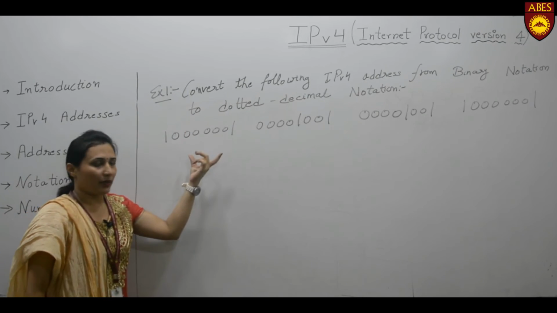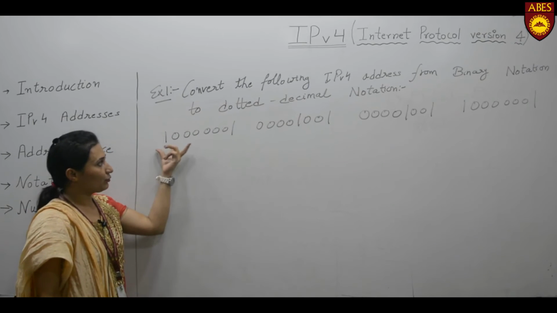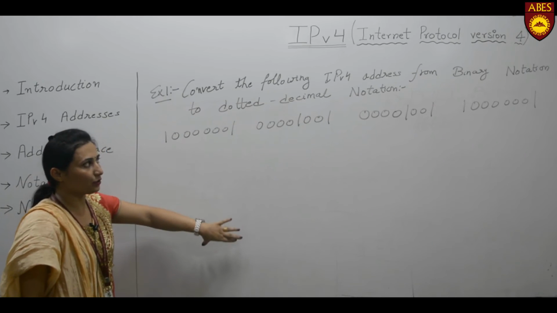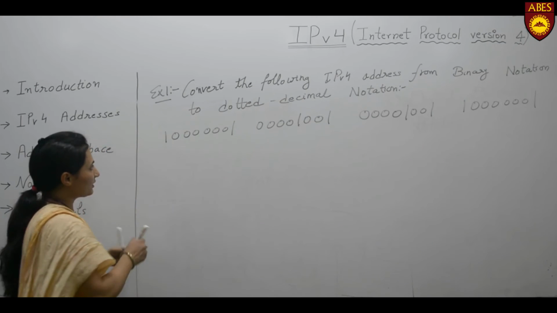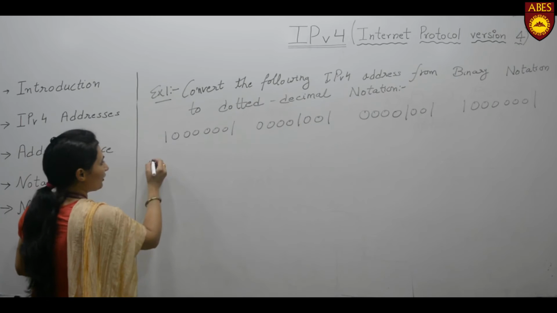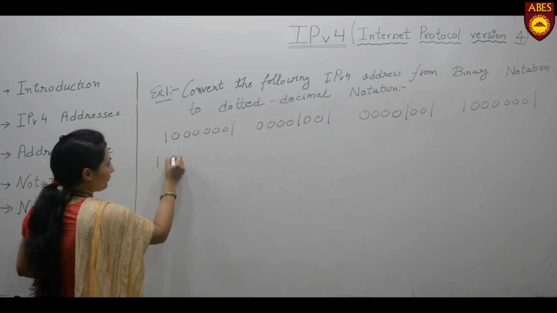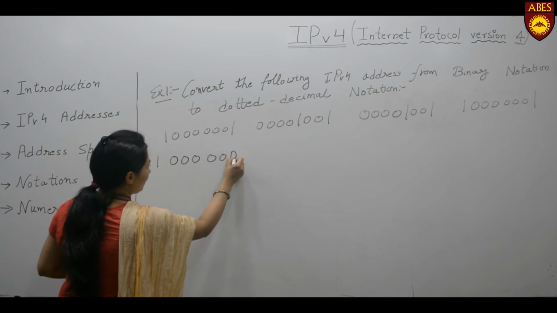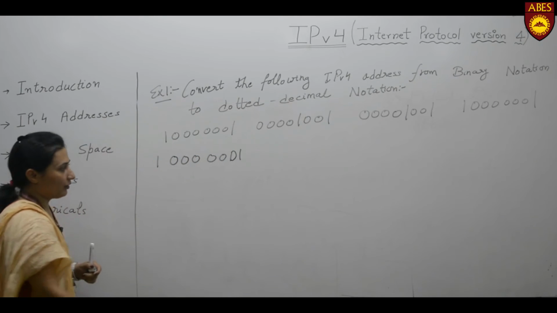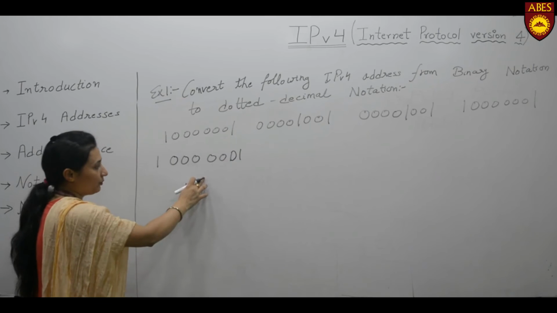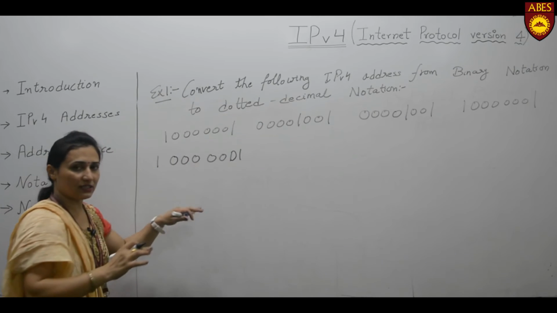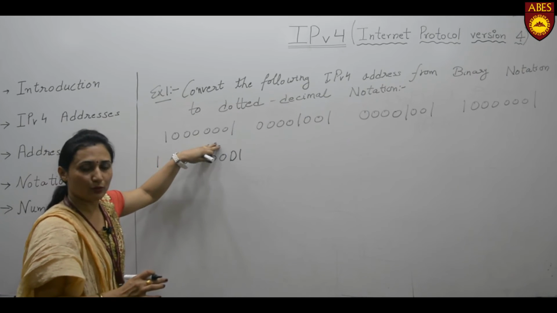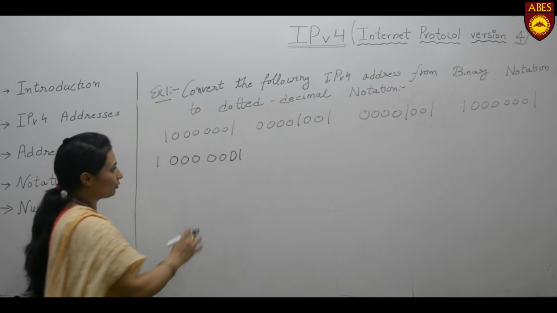We will do this byte-wise, that is, we have to take 8 bits or 1 byte at a time, then convert that into decimal form. This is done like this. We are taking the first byte, this one, that is 10000001. Fine. So this is the binary form, and we have to assign the weights to each position. Because this is the binary form, we have to take the base as 2.